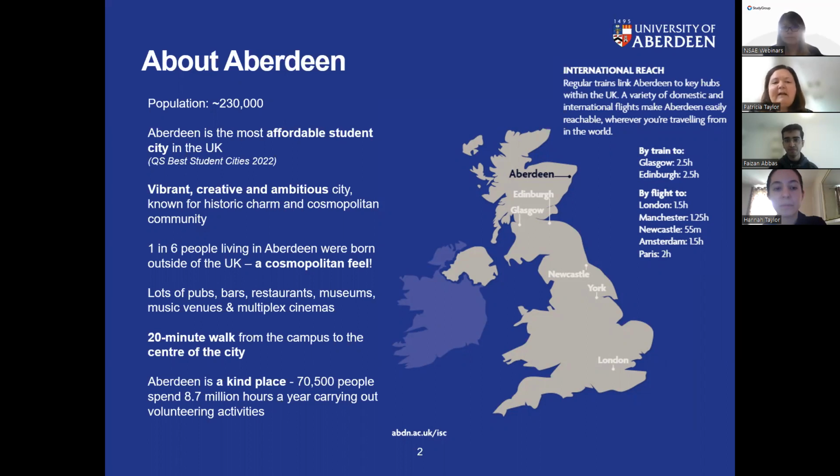We have excellent links to our hubs across the world and also in the UK, and we'll come to those in a little minute. It's a very cosmopolitan feel, Aberdeen. We have people from all over the world living with us in Aberdeen. So I think you would feel quite at home here.